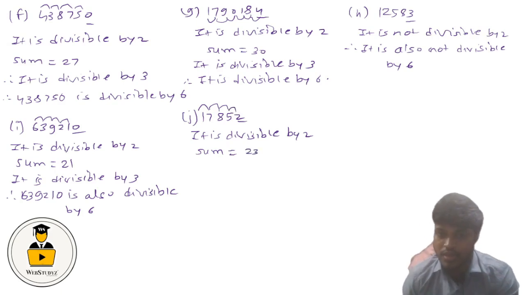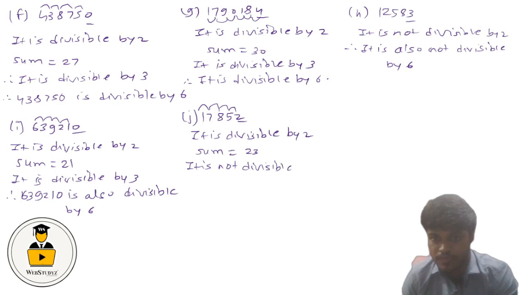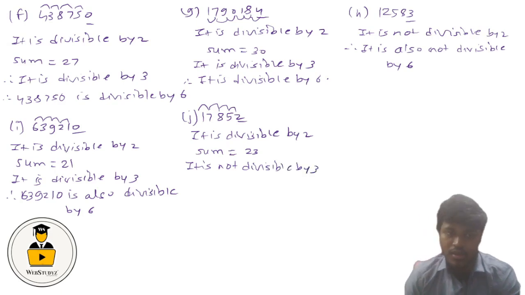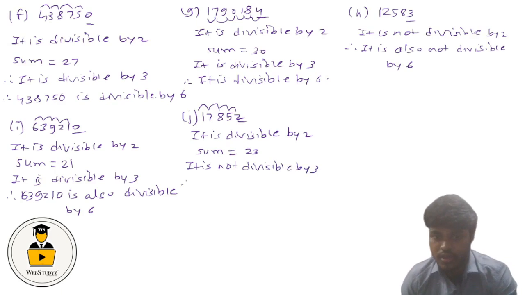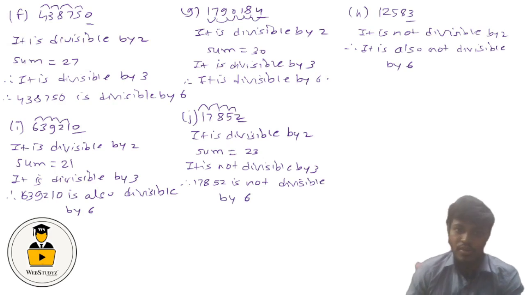And 23 is not divisible by 3. So it is not divisible by 3. Now since it is not divisible by 3, the number is also not divisible by 6.